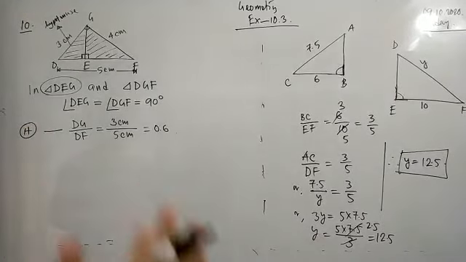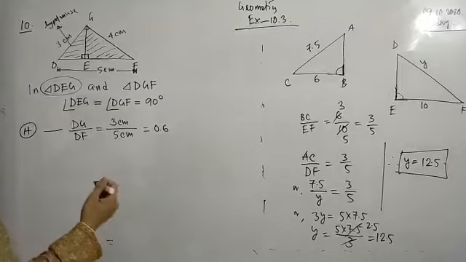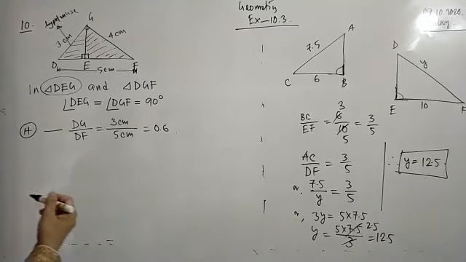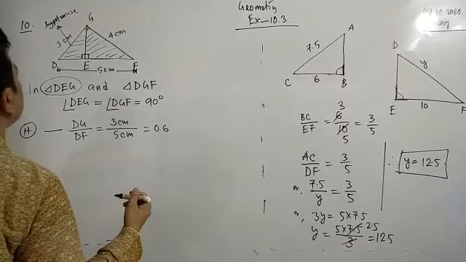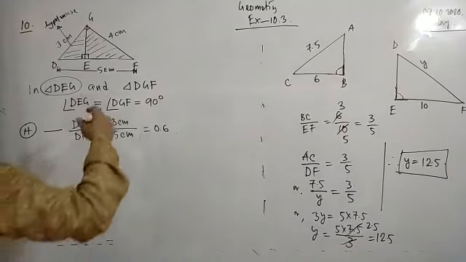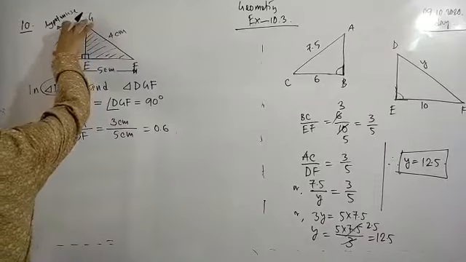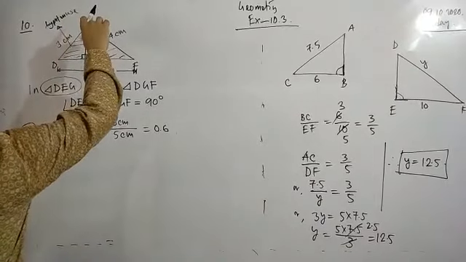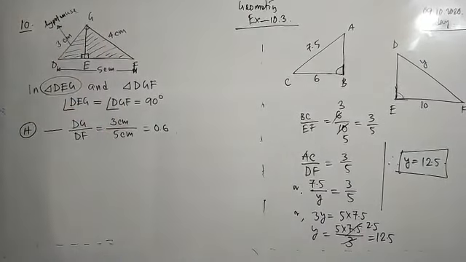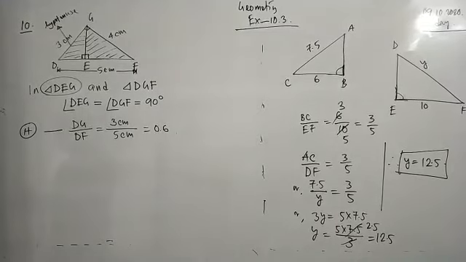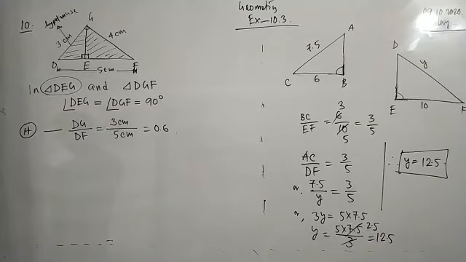We have to find just one more side. If we consider this side, this one is perpendicular. And for that I think we have given 5, 4 here.